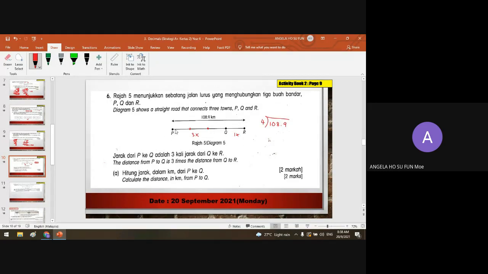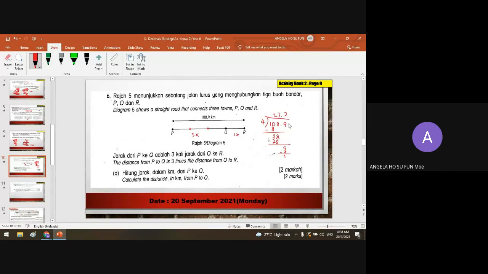One part is only from P to here, and then from here to here is another part, and from here to Q is another part. So before that, I find 1 part first. 4 times 2 is 8. Minus out, this is 28. So 4 times 7 is 28, no remainder. Decimal point follows, bring the 9 down. 4 times 2 is 8, remain 1.